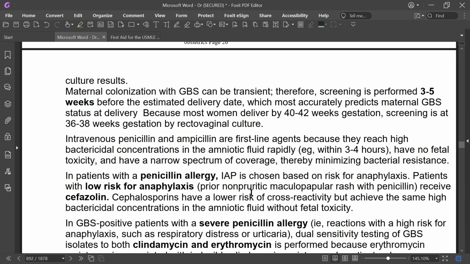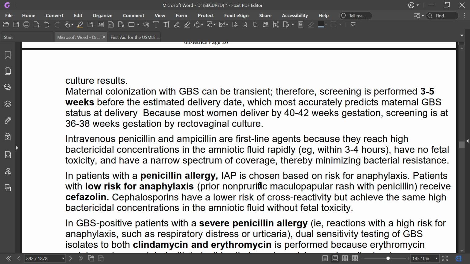In patients with penicillin allergy, intrapartum penicillin is chosen based on risk for anaphylaxis.